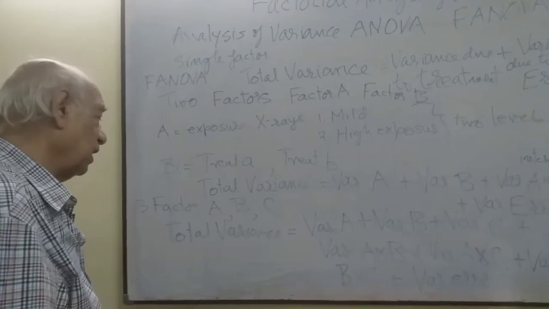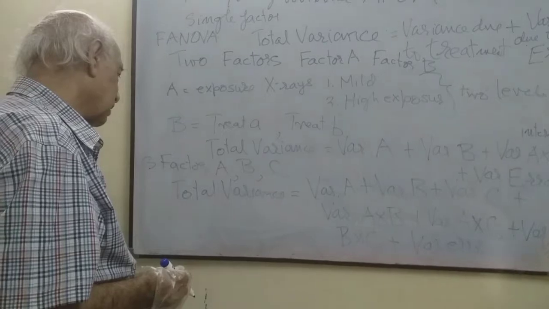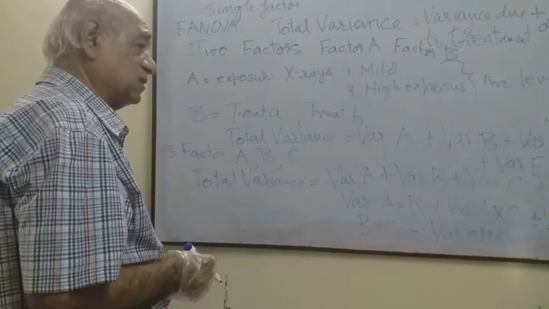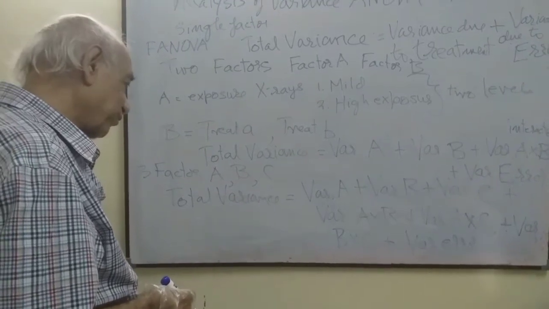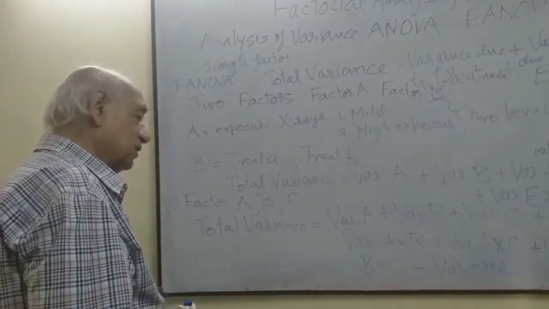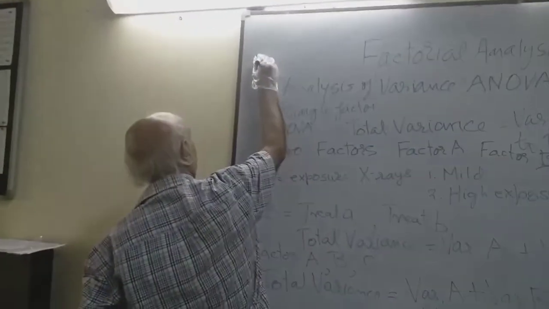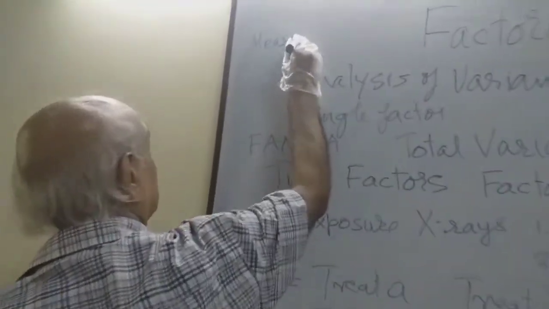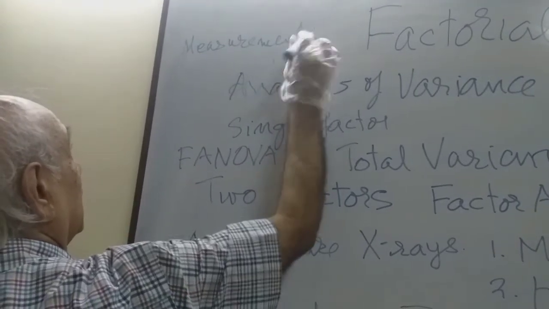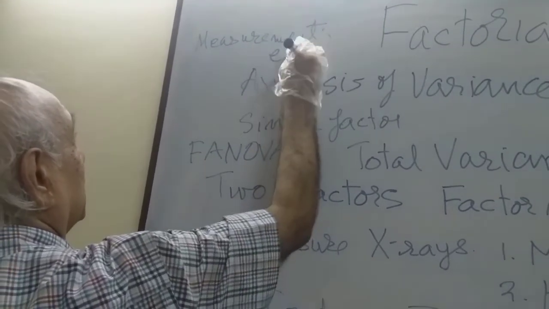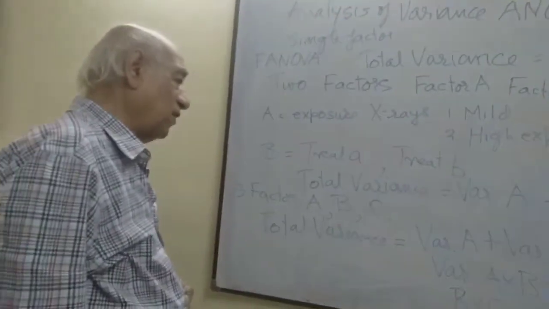It can be due to the experimental technique or method that we use, so there is slight variation between each method. And then the error can be due to measurement error. The instruments that we use are not 100% accurate, so there is error in measurement. So these are the causes of error.